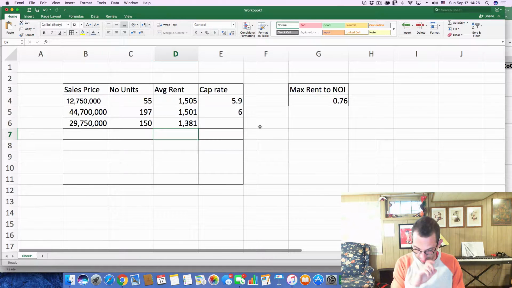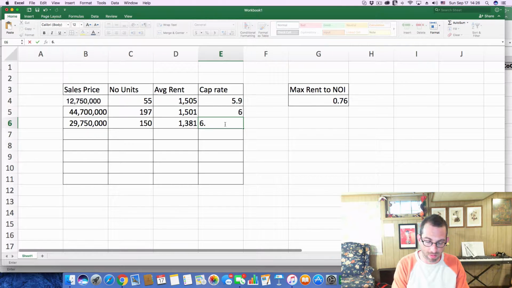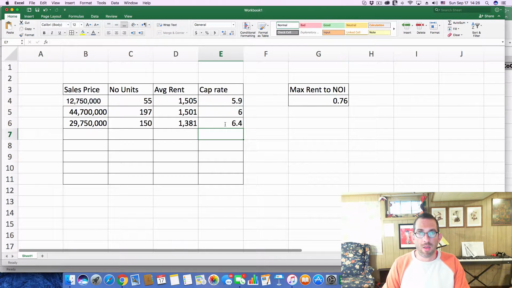We multiply that by 12 to get the annual gross rents, which is 2,485,000, and then we multiply that by the 76% to get the suggested NOI, which comes out as 1,889,000 and change, and then we divide that by the 29,750,000 that this was sold for, and we get a 6.3. Well, it's almost 4. Okay.